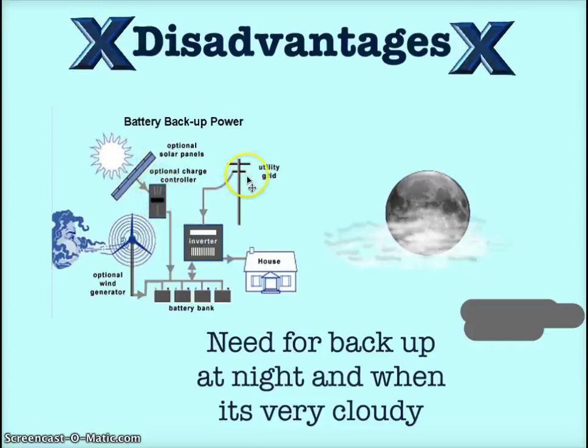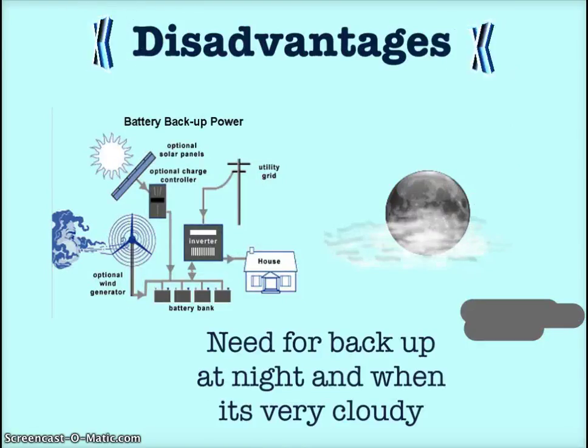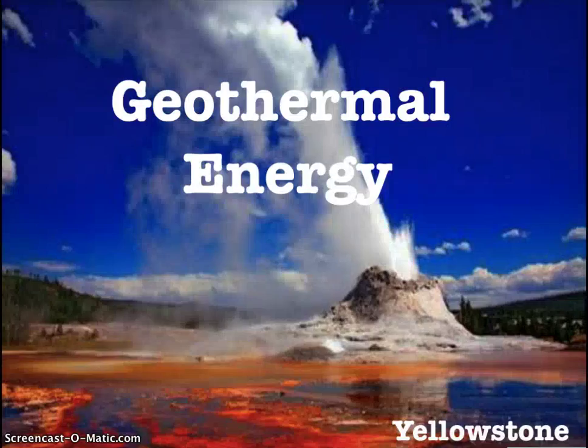You could collect and actually send it back. So that could be considered an advantage. If you have an efficient backup system, you can actually store energy, give it back to FPL, and actually make money. Again, that's new technology in the works.